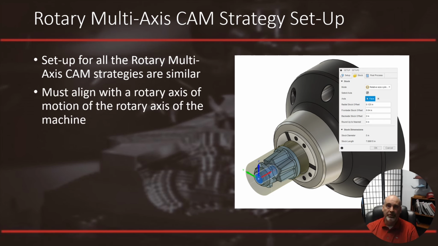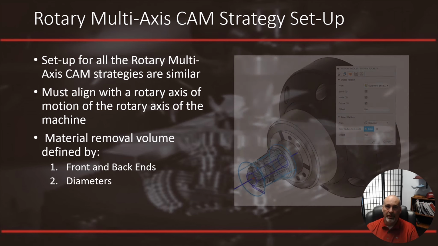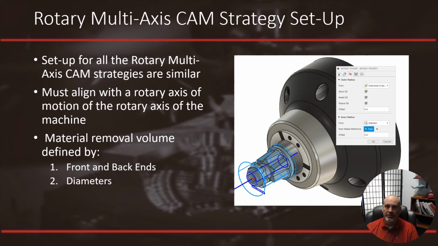They must be aligned with the rotary axis motion of the rotary axis machine. And material removal volume is defined by front and back ends in the geometry tab, and diameters on the radii tab, with the rotary contour and rotary pocket requiring inside and outside diameters to be defined, and rotary parallel only requiring an outside diameter to be defined.